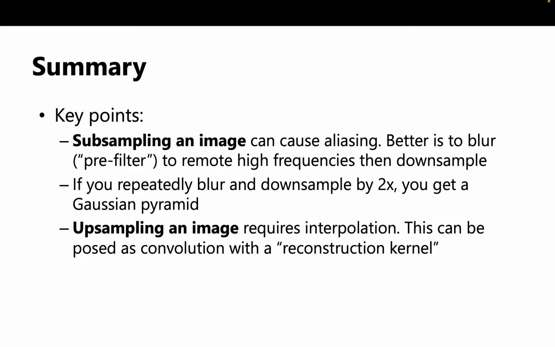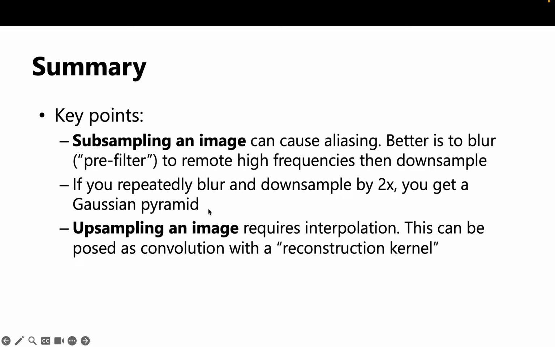So in summary, the key points in this lecture: we can do subsampling of an image, and usually it will cause the aliasing problem. So better is to blur it first, to remove the high frequency, then downsample. And if you repeatedly blur and downsample by 2 times, you get a Gaussian pyramid.